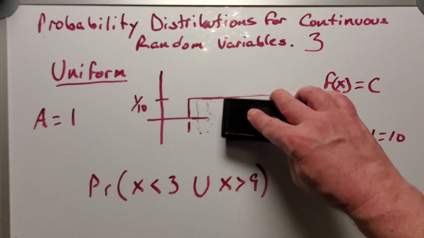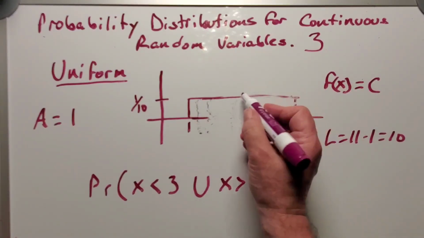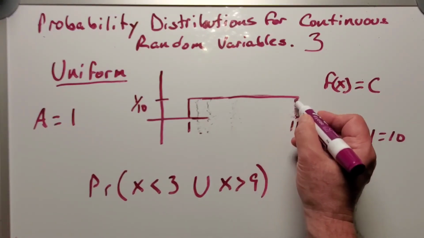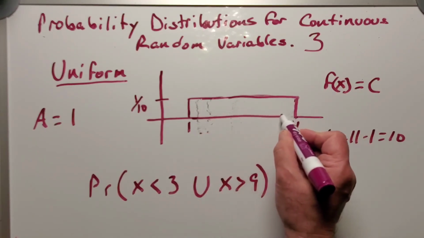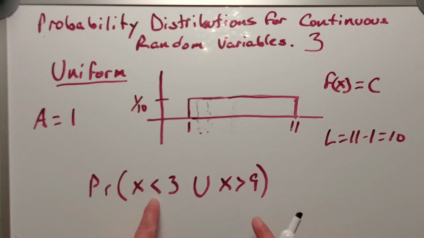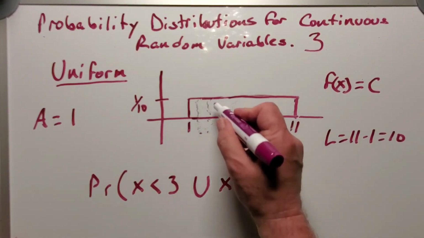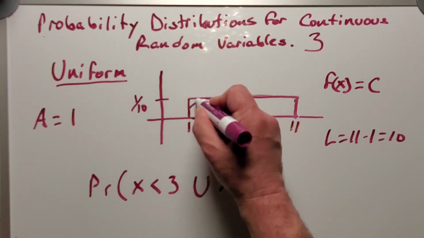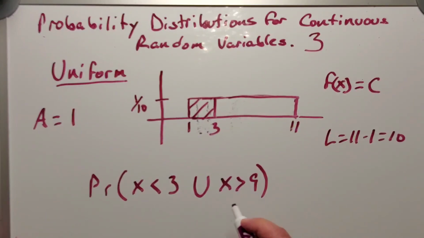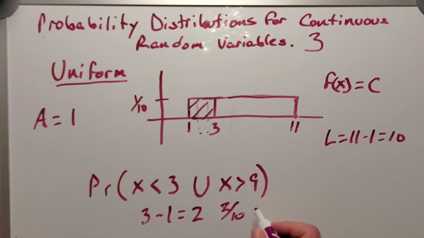We know by the addition rule of probability that we can just add these 2 probabilities together to get the overall answer for this problem. So I'm going to figure out the probability that x is less than 3. That means this area, and that would be 3 minus 1 equals 2 units, or 2/10.